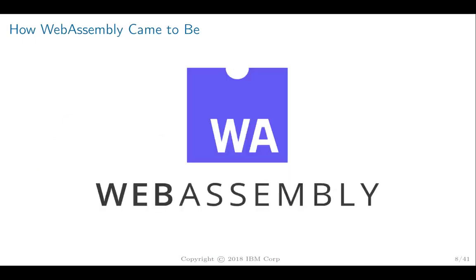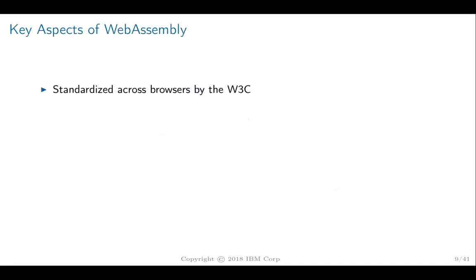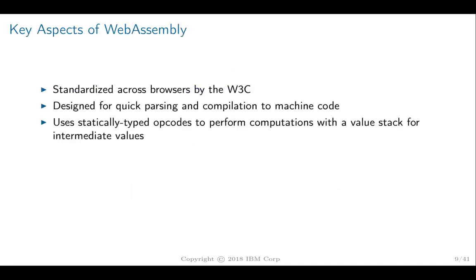So WebAssembly is standardized across browsers by the W3C to avoid any vendor lock-in problems. It's designed for quick parsing and compilation, as quick as possible, using statically typed opcodes to perform computations with a value stack for storing intermediate values. It supports only 4 really basic primitive types: 32 and 64-bit integers and 32 and 64-bit IEEE floating point, nothing fancy there.